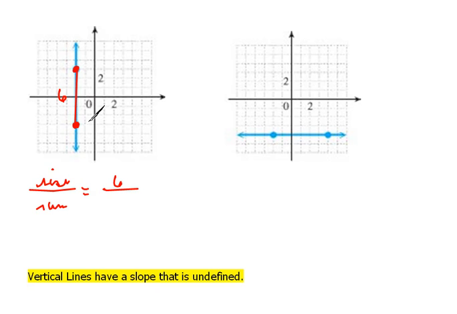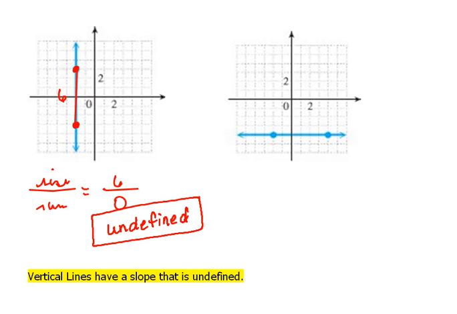But we don't run any. We don't go in the x direction at all. So that would be a 0. What happens when we divide by 0? That's something that is undefined, isn't it? We should not ever divide by 0. So this is called an undefined slope.